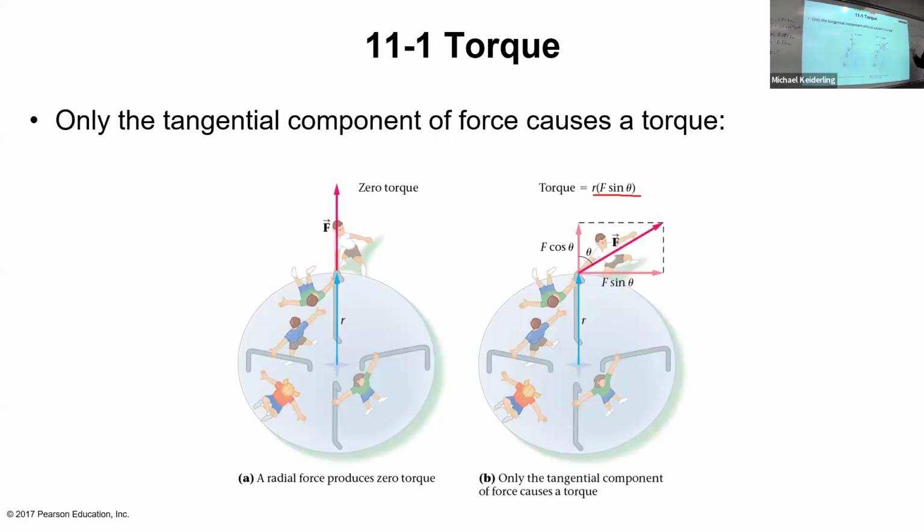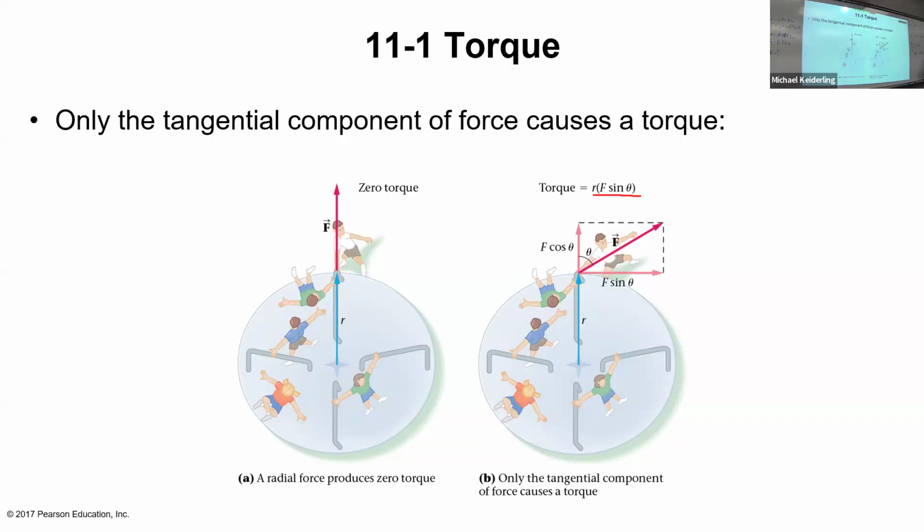Now, only the tangential component of force causes a torque. So the actual torque equation you get is torque is radius times force times the sine of the angle between them, because only the component that is perpendicular to the radius creates a torque.